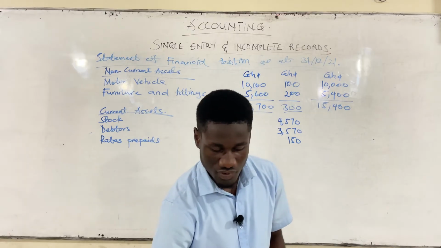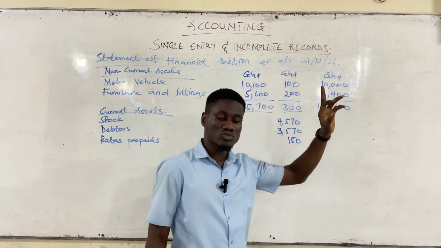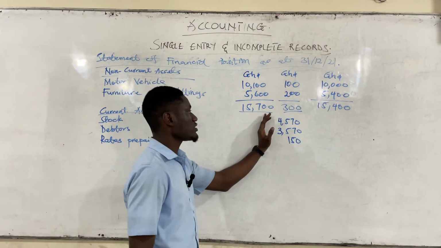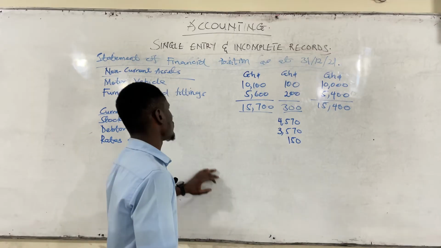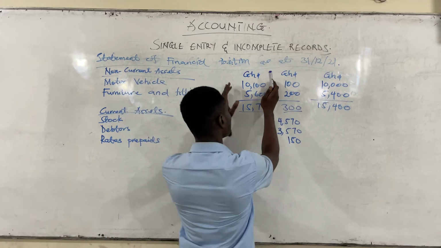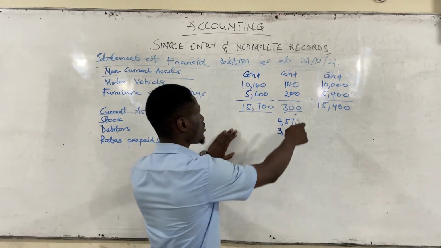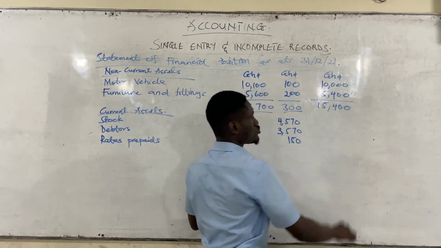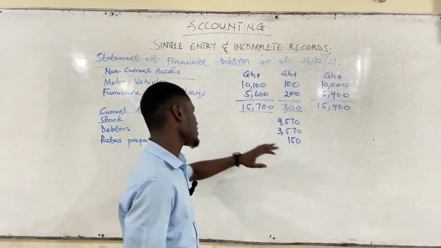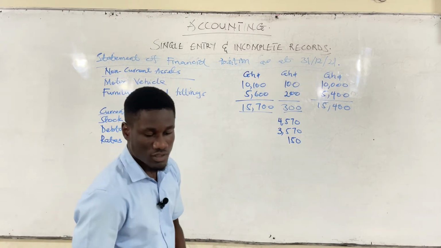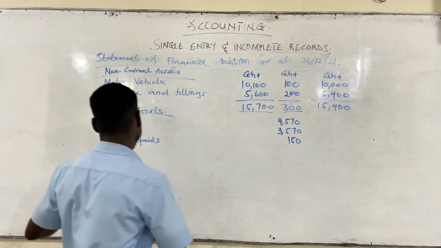We are recording for the year ending 31st December 2021. So everything we are recording is regarding the year ending for that year. We didn't use the start of the year for the non-current asset, but we are going to use the ending balances to continue our computation. So we are just recording the ending balances in the balance sheet.